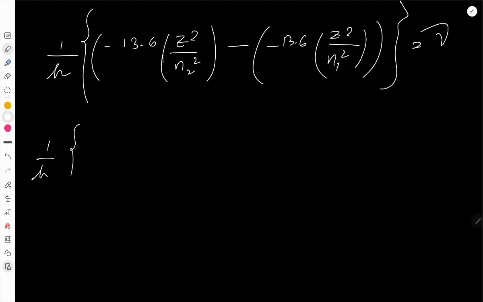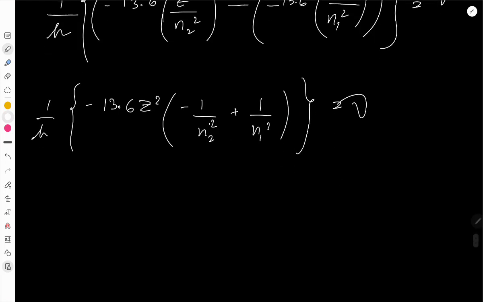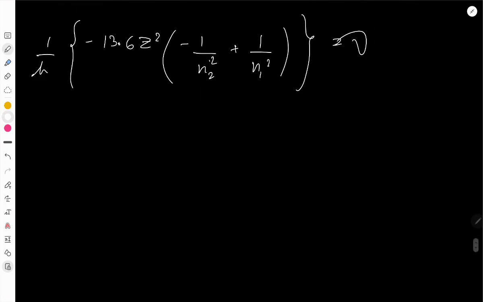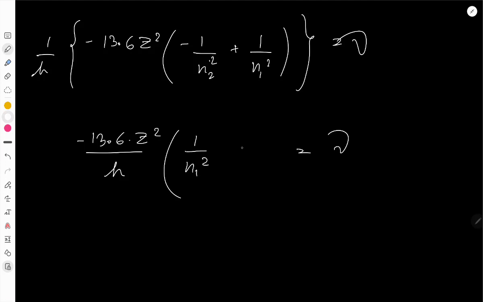So 1 by h into, we'll take minus 13.6 Z square as common, and then we get minus 1 upon n2 square plus 1 upon n1 square equals nu. And now nu can be written as minus 13.6 Z square by h into 1 upon n1 square minus 1 upon n2 square. Yes.